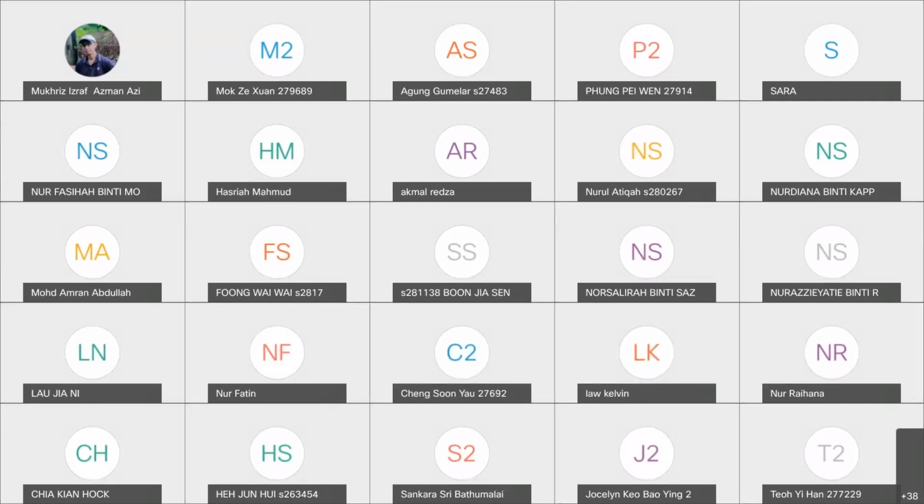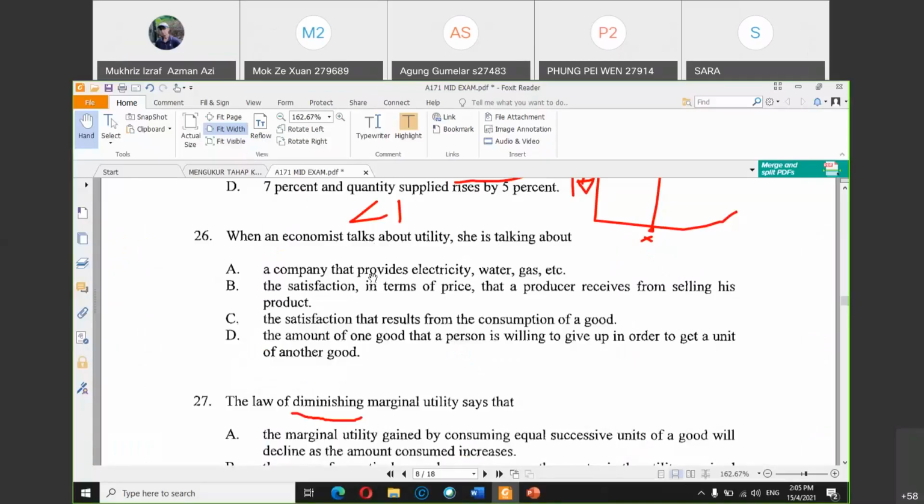Okay, question 26. When an economist talks about utility, she is talking about, so basically this is just the definition of utility.